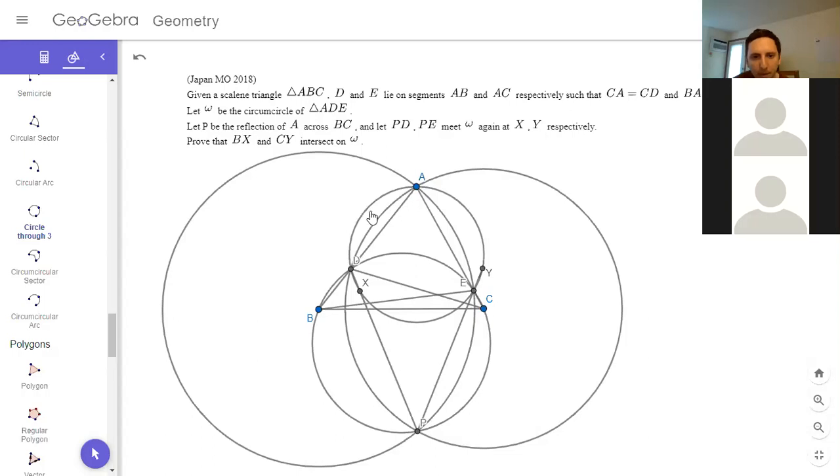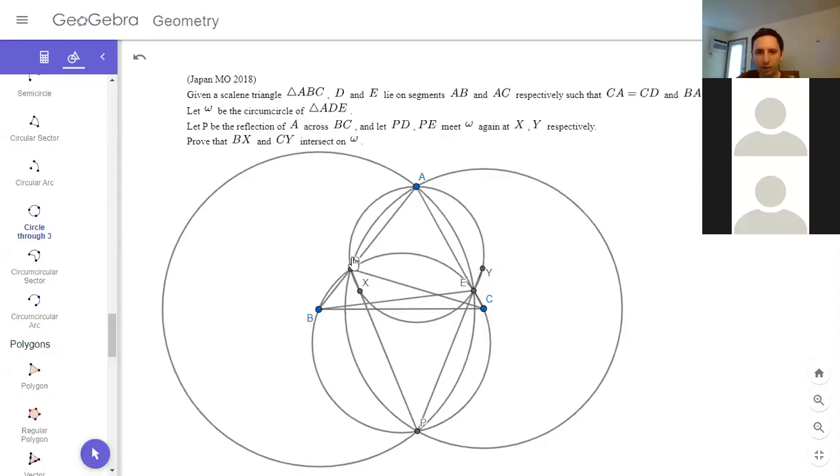ABE and ADC are similar, and we want to show AXB is equal to AYC. How do we show that parallelism? There has to be a way to show that.